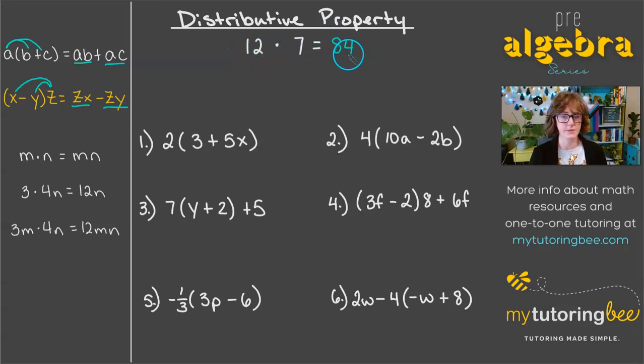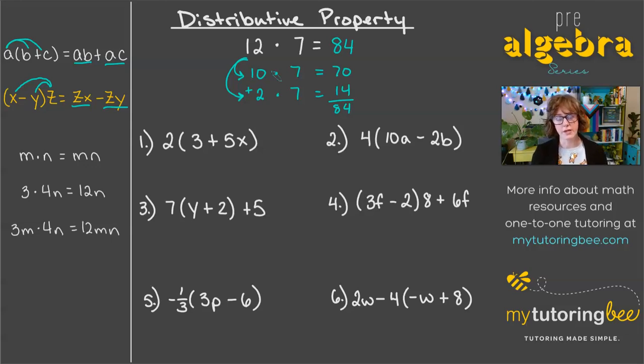What if I broke up this 12 into 10 and 2, because 10 plus 2 gives us 12, and then I multiplied 7 times each of those. So 10 times 7 gives us 70. 2 times 7 gives us 14. And then when we add those back together, that gives us 84. So you can see with just integers how the distributive property works.